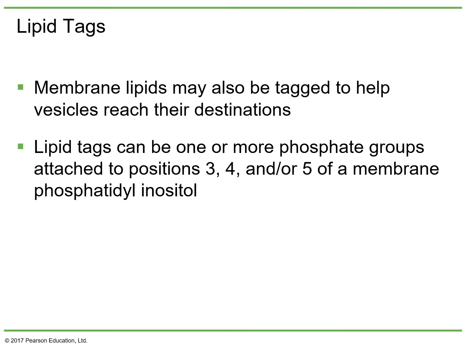This tag can be one or more phosphate groups attached to positions 3, 4, and/or 5 of a membrane phosphatidylinositol molecule by specific kinase. For example, a functional phosphatidylinositol 3 kinase is required for proper sorting of vesicles to the vacuole in the yeast.